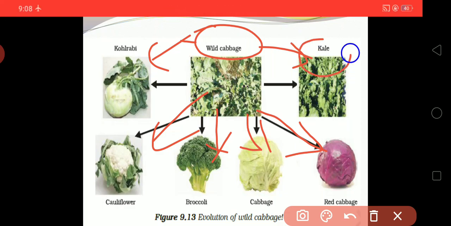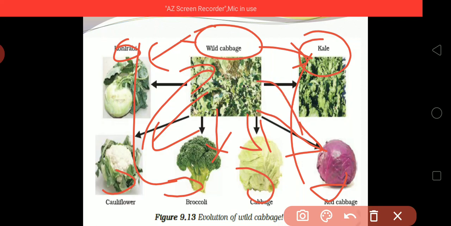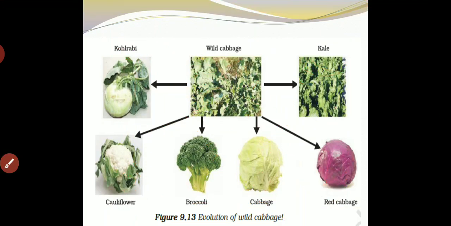All six of them contain a common ancestor, which we say is the wild cabbage, and many more of them are there. All of these things have a common ancestor.